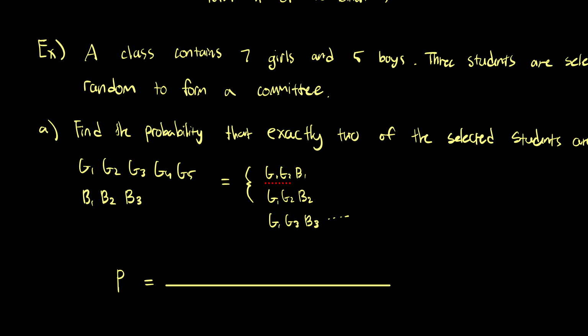So let's first start out with calculating the total committees possible. This would be equivalent to 12 choose 3, because out of 12 objects, we're trying to find the total number of combinations you can get with size 3. So that is the total number of committees possible.